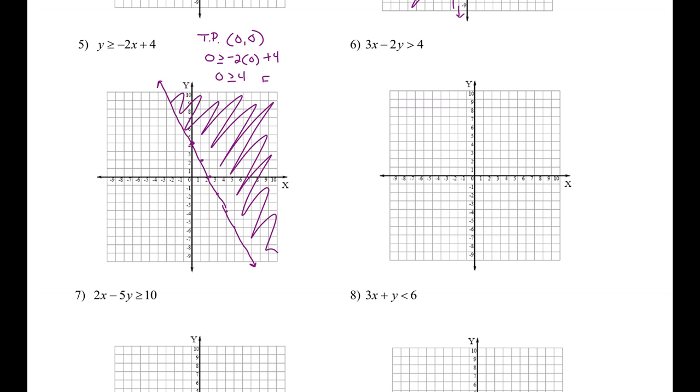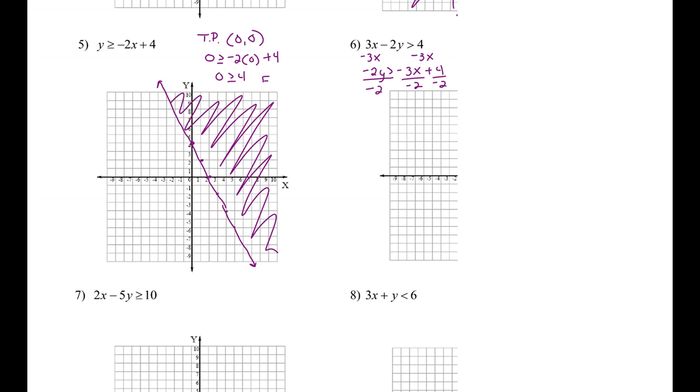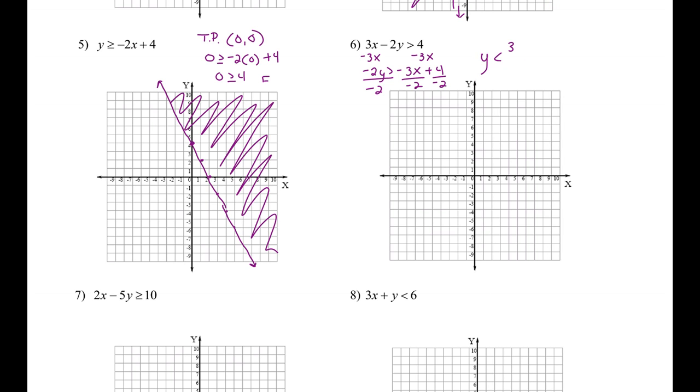For number 6, this is an equation in 2 variables, so I need to start by putting it into slope-intercept form, which means I'm going to subtract 3x from both sides. Then I'm going to divide everything by -2. So I get y is less than, my sign's flipping because I'm dividing by a negative, 3 over 2x minus 2.